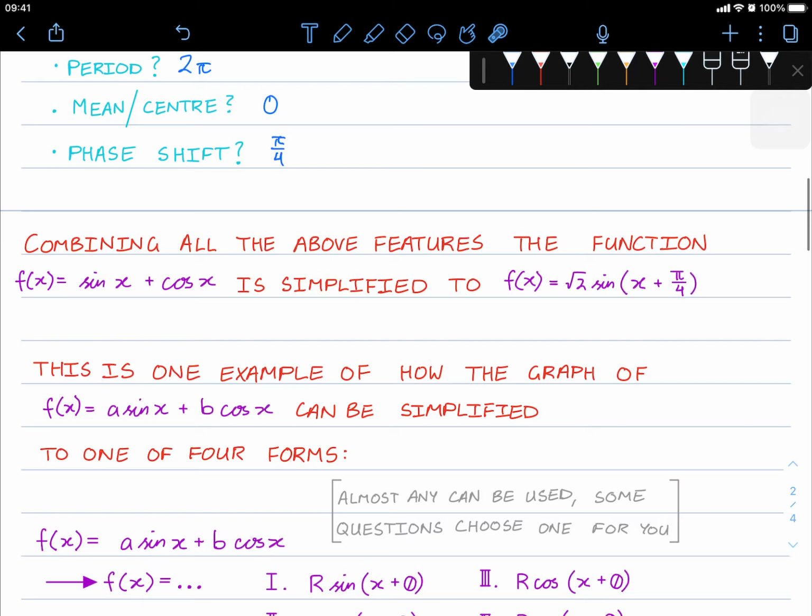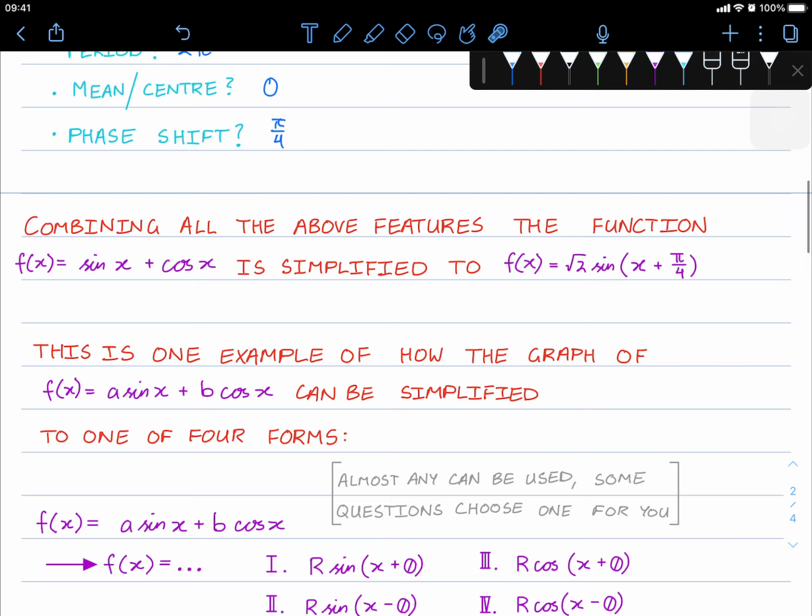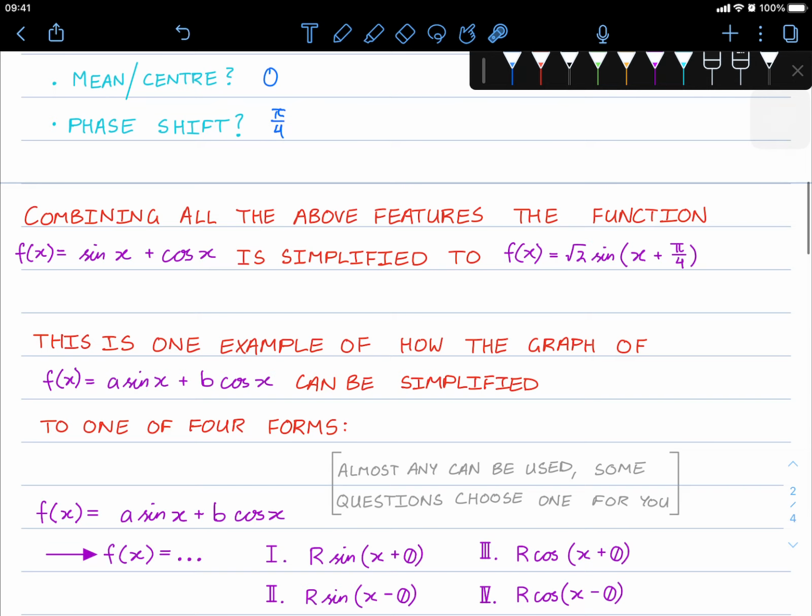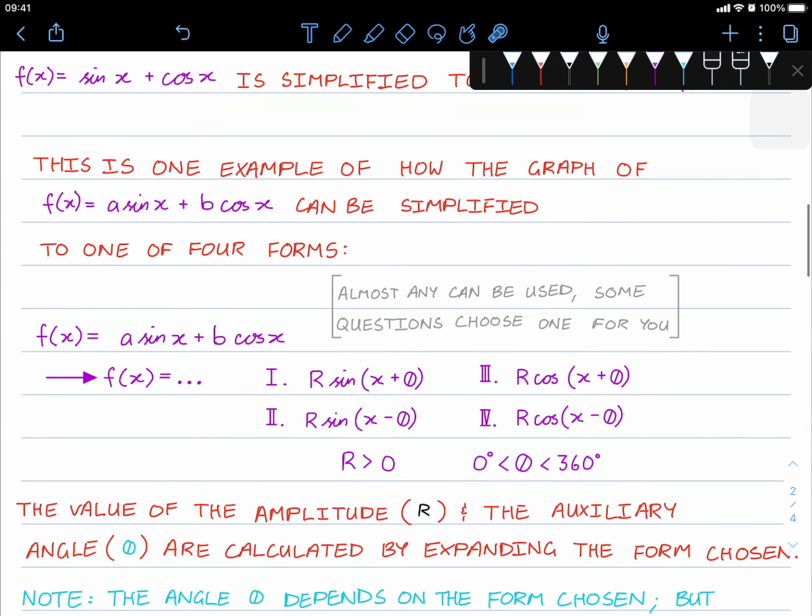Well, this is an example of how the graph f of x, a sine x plus b cos x, can be simplified to one of these 4 forms. So f of x of a sine x plus b cos x can become one of these 4 forms, where r must always be bigger than 0, and the angle, known as the auxiliary angle, must always be between 0 degrees and 360.